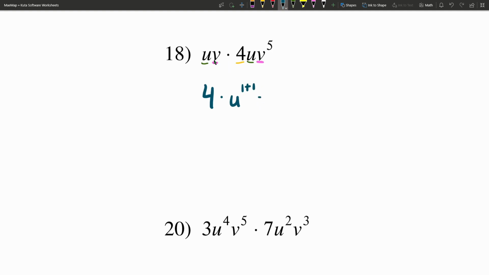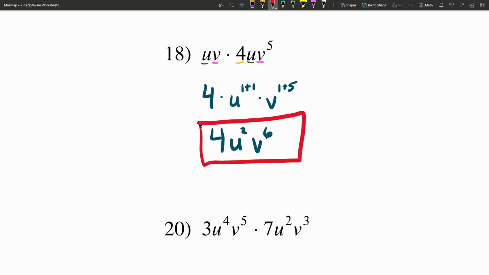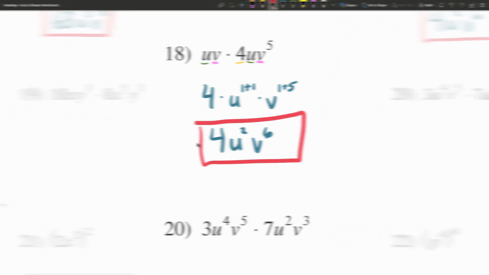And then I have v to the 1st and a v to the 5th, which is going to be v to the 1 plus 5. So I have 4 times u to the 1 plus 1, which is 4 times u squared, and that gets multiplied by v to the 1 plus 5, which is v to the 6th. So here we have it, number 18, 4 times u squared times v to the 6th.